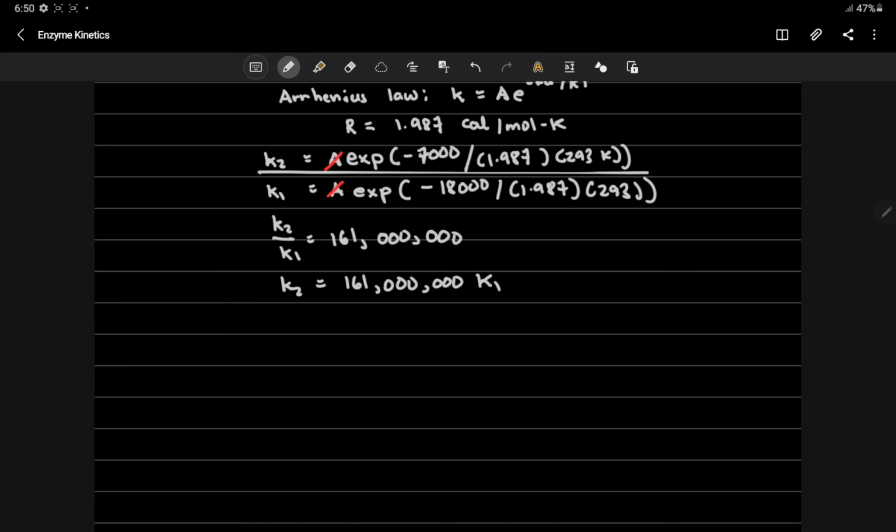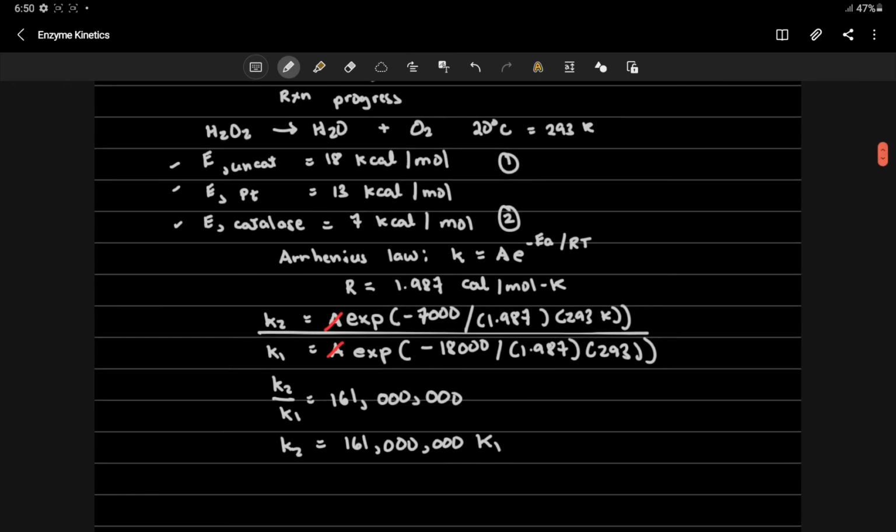Okay, ano ibig sabihin yan? Ibig sabihin, yung rate nung reaction 2, okay, which is catalyzed using the enzyme catalyst, is 161 million times faster than the first uncatalyzed reaction. So, a difference of what? 11 kilocalories lang, diba?